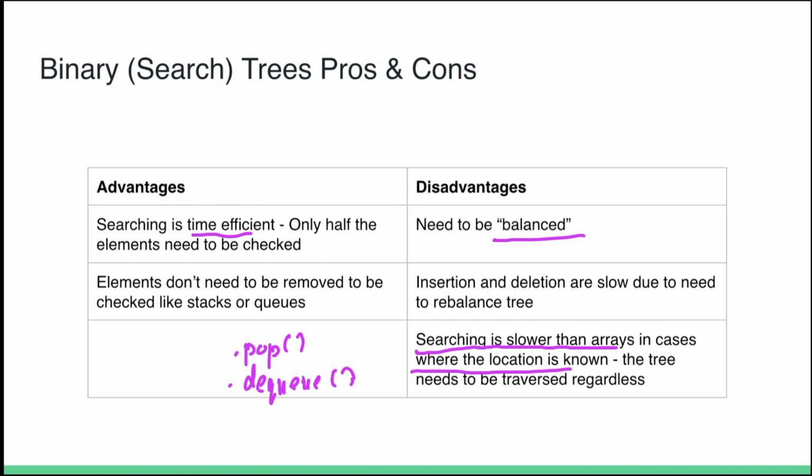You just go to that index. But you can't access values based on indices in a binary search tree. You'd have to go through the tree until you find that particular value, which is why searching can be slower in binary trees than arrays where the location is known, because you still need to go through the tree regardless. Now let's move on to a practice question.